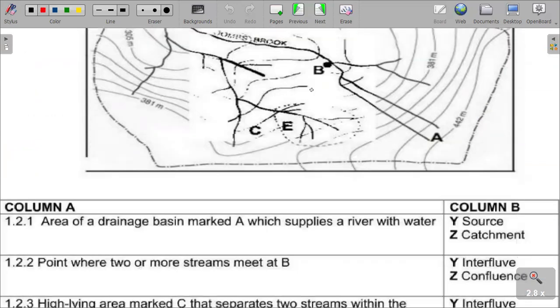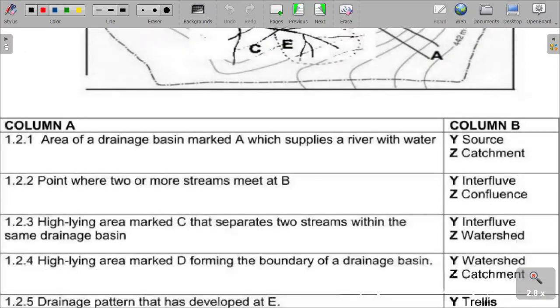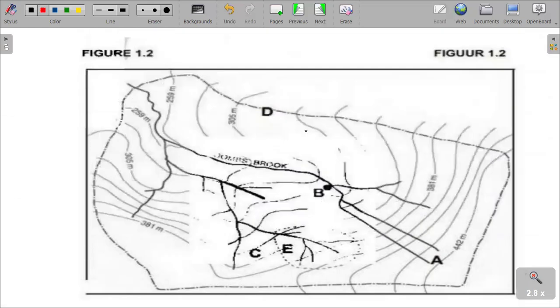So now, an area of drainage basin marked A, which supplies a river with water. What is it called? A point marked A supplies the river with water.